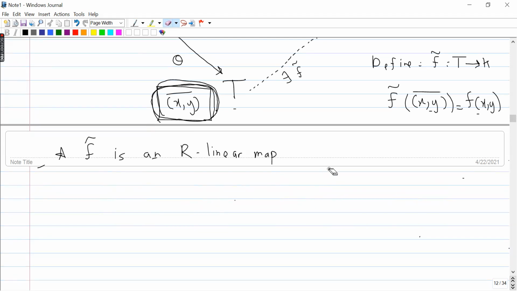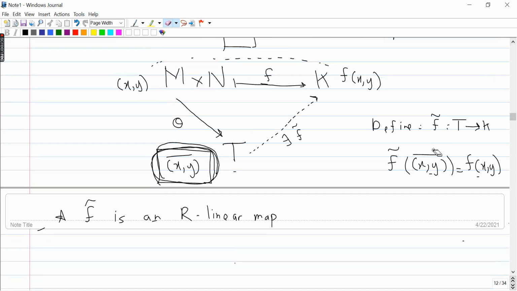And the second thing, f is defined in this way. So f tilde is a map from T to K and it is defined in this way such that it is a linear map, and also it is satisfying this property.